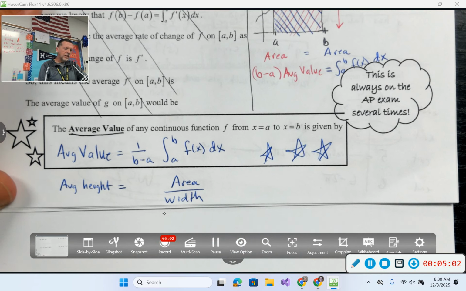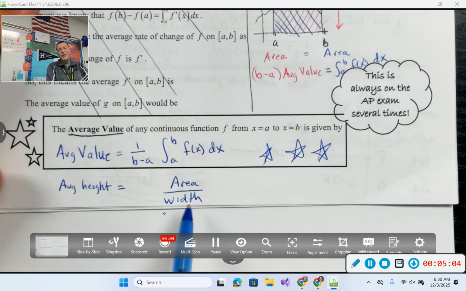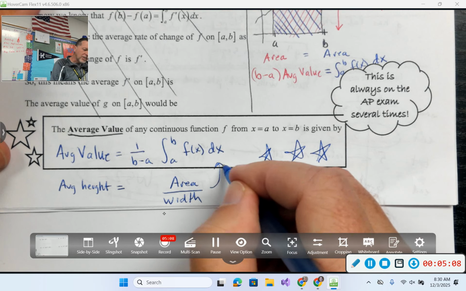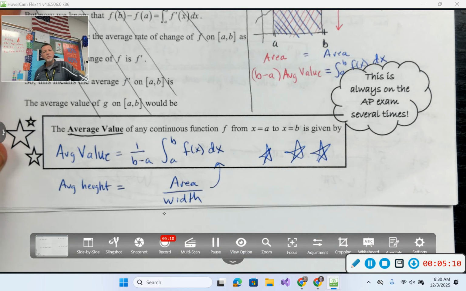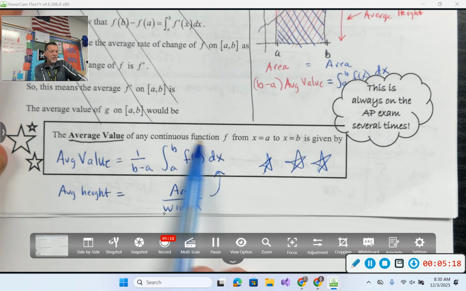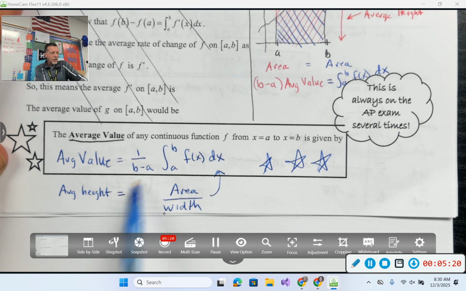That's an easier formula to remember. Like, you already know that area is width times height. Now if you just fill in some calculus things, you get 1 over b minus a, integral from a to b, f of x dx. That looks really fancy, but it's not really fancy. It's just area divided by the width. Tells you the average height.